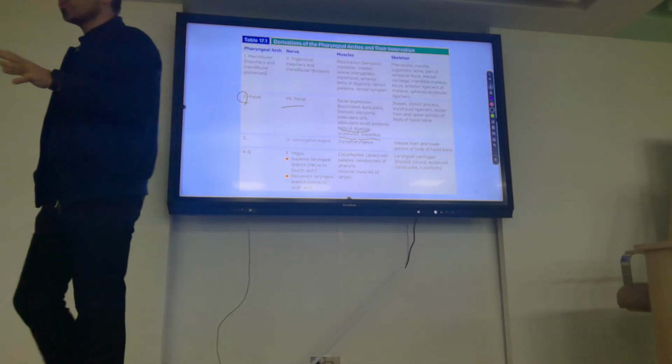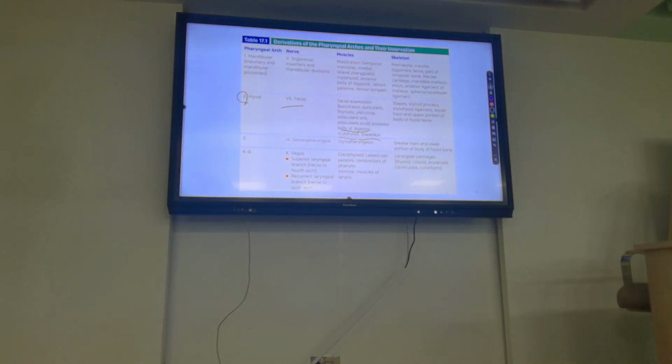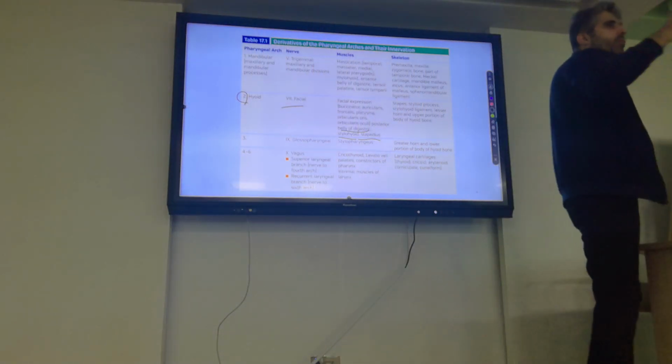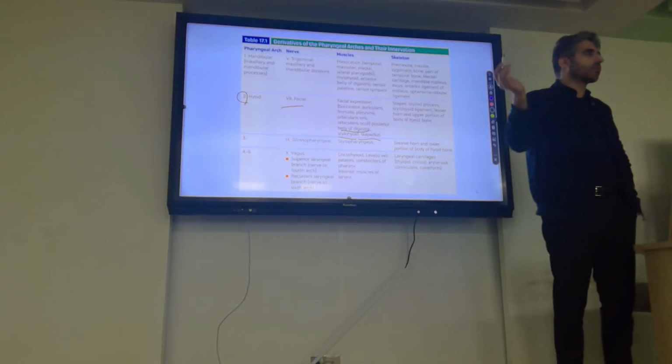So again, if I ask you in the final exam which of the following muscles are made by the second pharyngeal arch, you should pay attention to the innervation. Which muscle is innervated by facial nerve? You know from the head and neck, I explained for you. Then you select the muscle innervated by facial nerve, like posterior belly of digastric. This is correct.